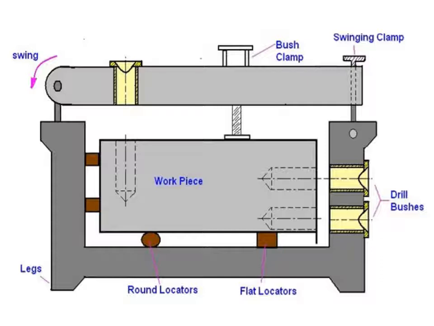And you have got drill bushes not only from the side but also from the top. So drilling can be accomplished from the top as well as from the side, and the component is located by having supports from the bottom as well as locating pins from the sides.